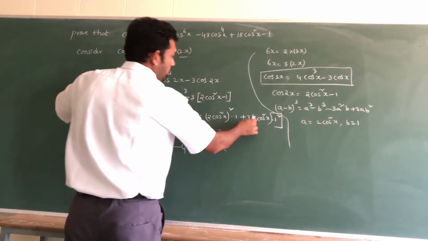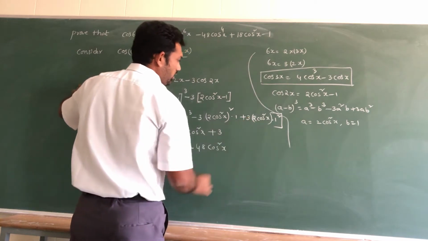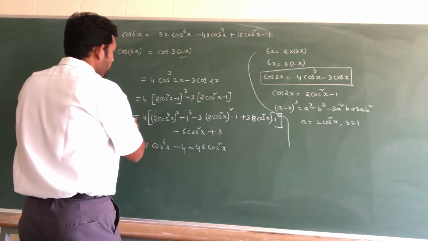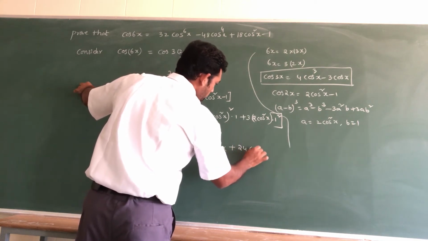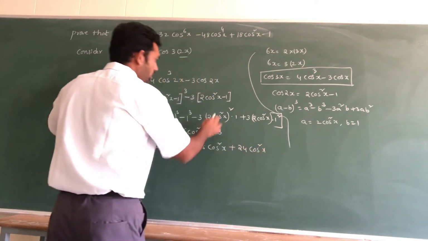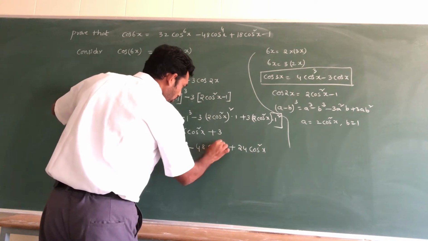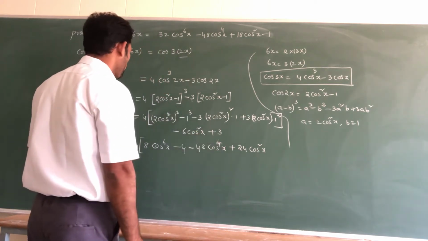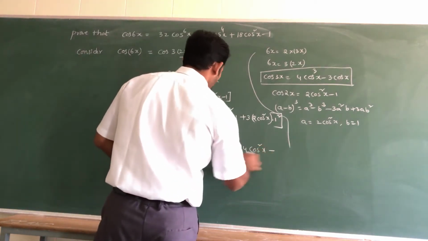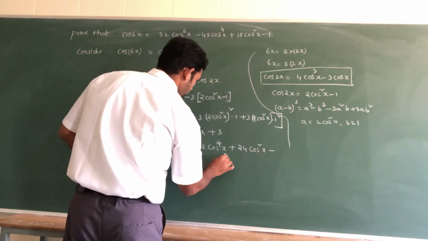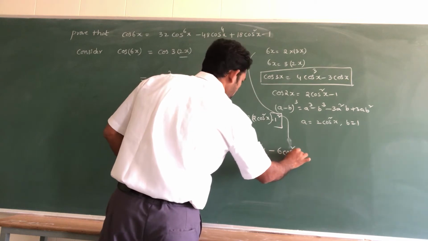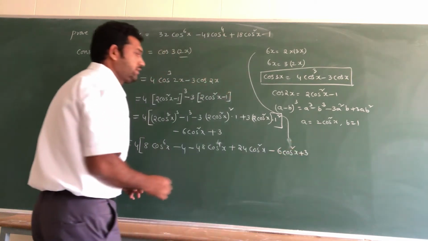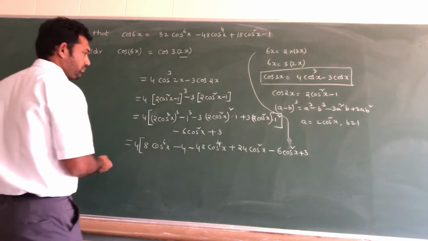Next, 2 into 4, 2 into 3 is 6, 6 into 4 is 24, plus 24 cos square x. So here square means cos^4 x. Minus 6 cos square x plus 3.